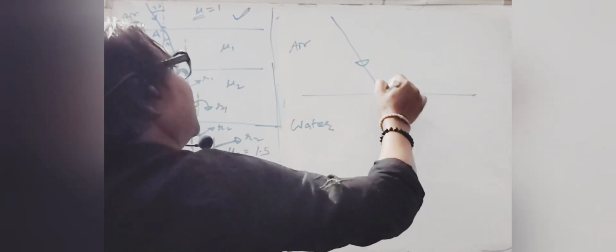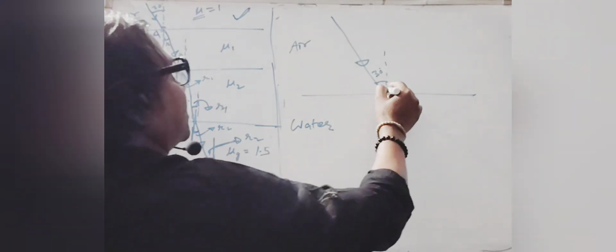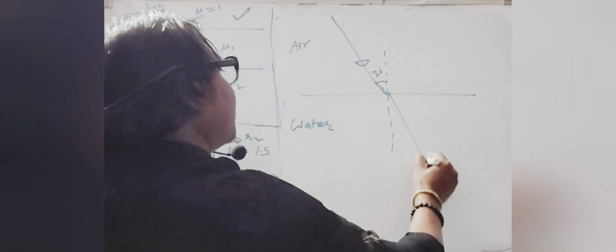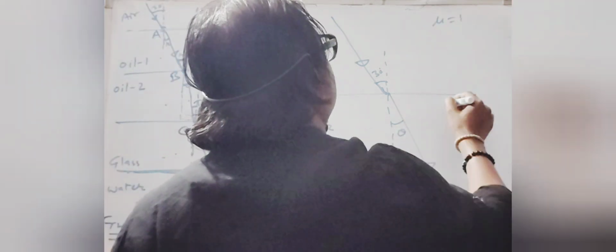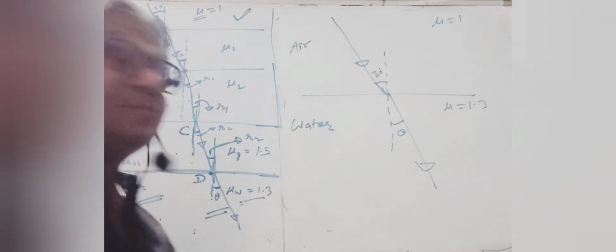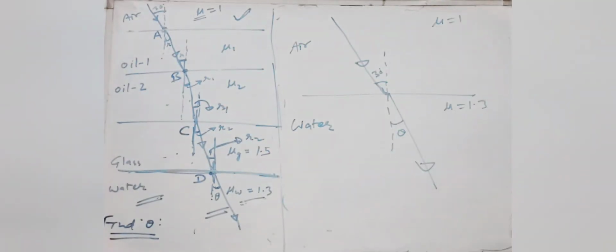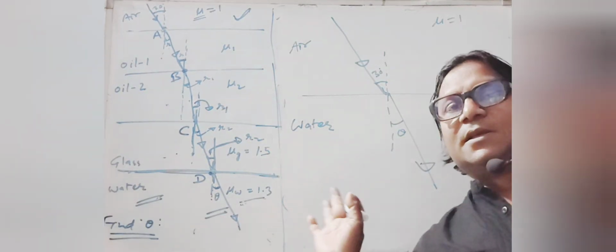It is air medium, and with the normal it is 30 degrees, I am writing. And it is emerging out into the water medium, and this is the theta which this ray is making with the normal in the water medium. Its mu is 1 and its mu is 1.3. And forget all other media.